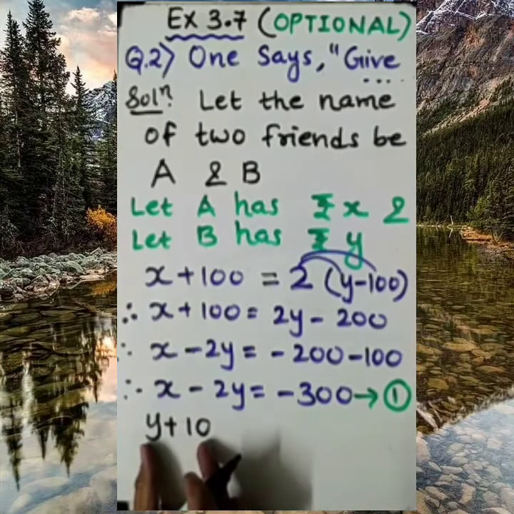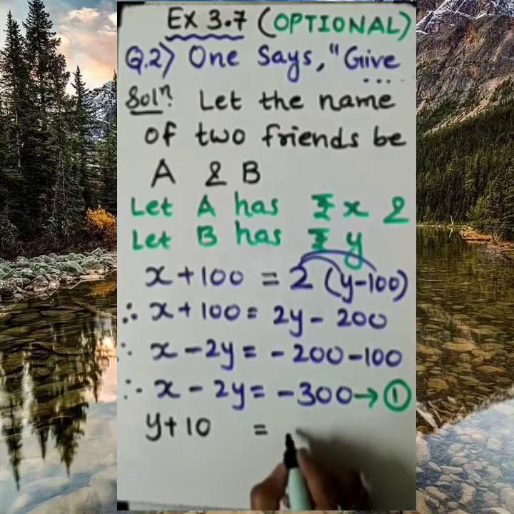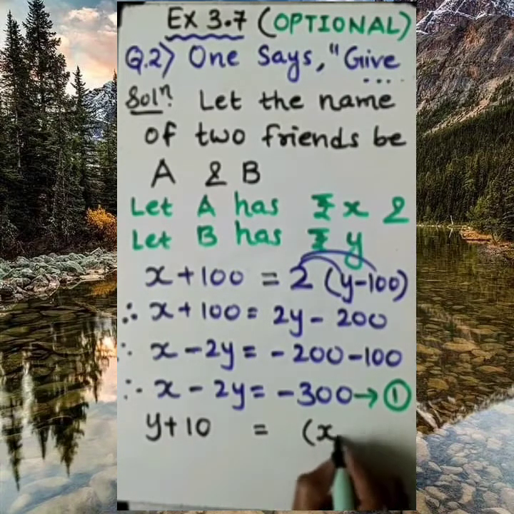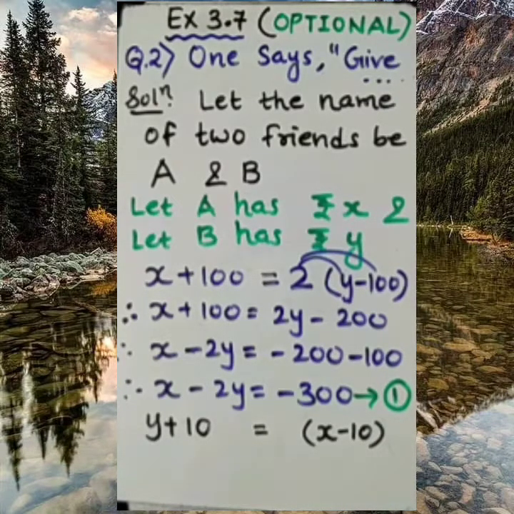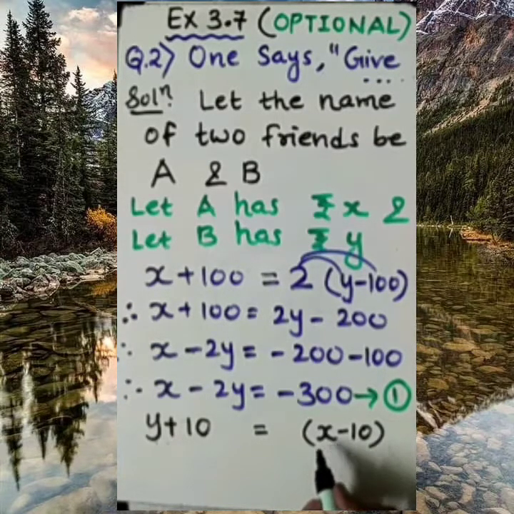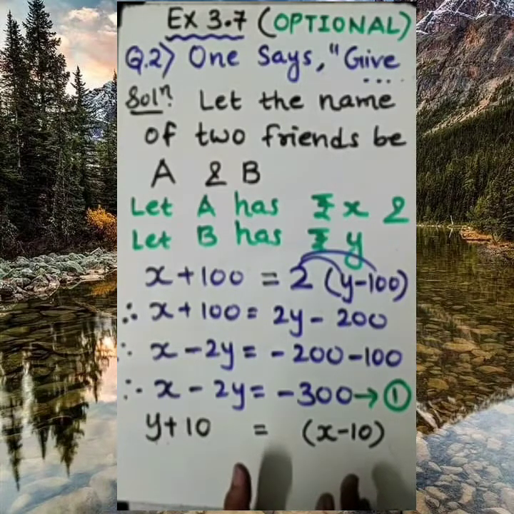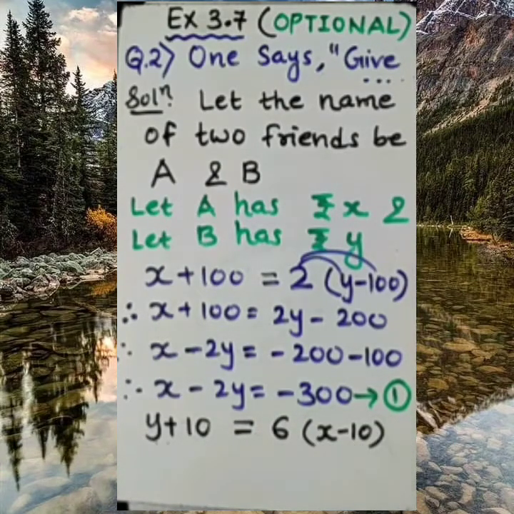If he is giving 10 rupees to B, then of course 10 has been subtracted from the amount with the first friend. Clear to you? What is the reason? Because if he is giving his friend 10 rupees, then from whatever amount he has, we need to subtract 10. In such a situation, he is saying, I shall be 6 times as rich. 6 times as rich indicates that here it is 6.